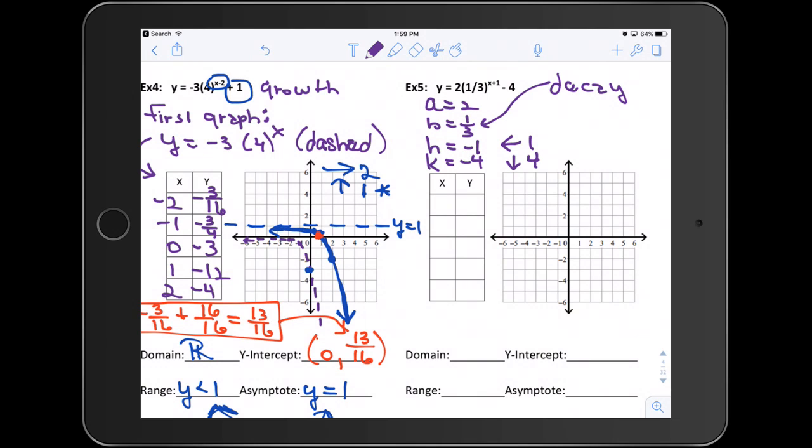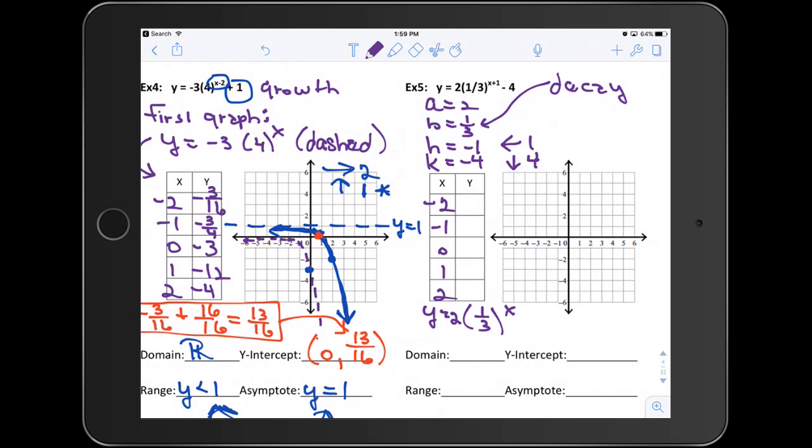And again, when you graph it, I ran out of space up there, so I'm going to first graph y equals 2 times 1/3 raised to the x. So I'm just not incorporating the shifts of the H and K value. I am just graphing what you could almost think of as the parent. So this is -2, -1, 0, 1, 2.